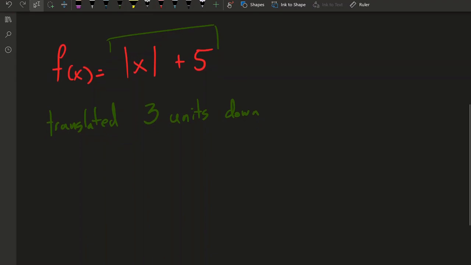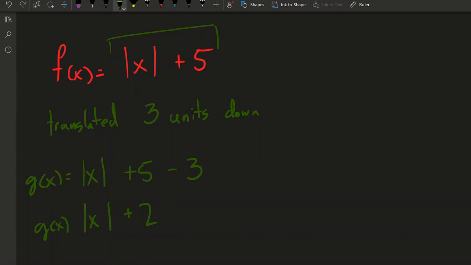So to translate 3 units down, we would have absolute value of x plus 5, that's the original function. But then we would add -3 to the outside. So I'd have a new function g of x is equal to the absolute value of x plus 5 minus 3, or to simplify that, g of x would equal the absolute value of x plus 2.